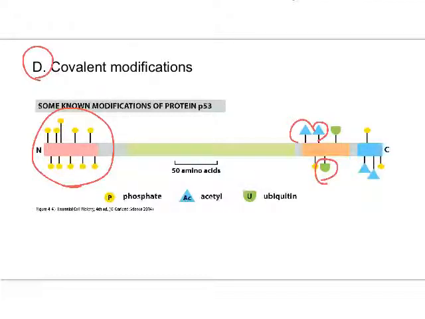Ubiquitin is a chemical group that marks the protein for degradation, and there are sites for that on this protein. So there's a lot of different ways to regulate the protein, and I think the more central it is to the survival of the cell, the more closely and tightly it will be controlled.